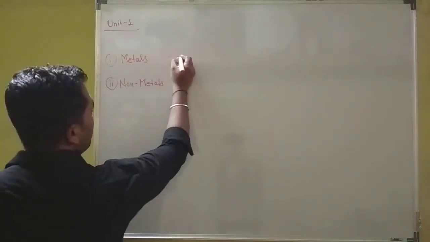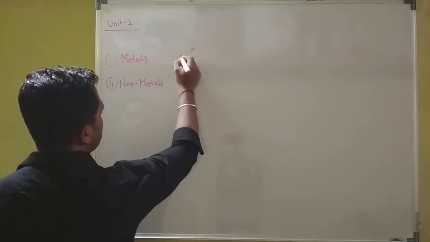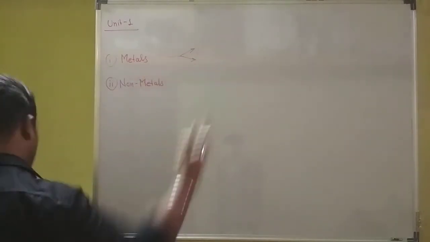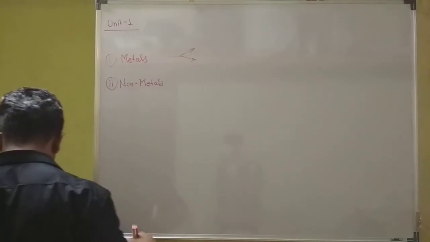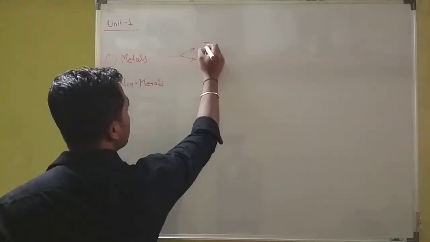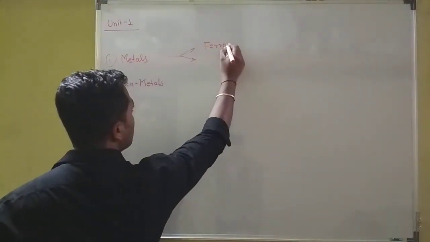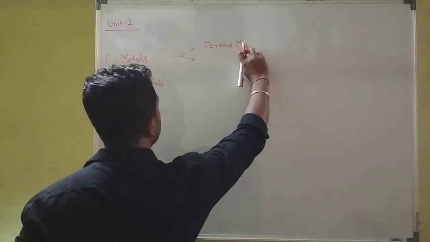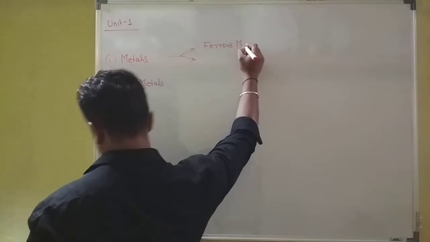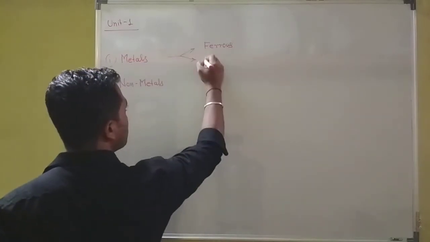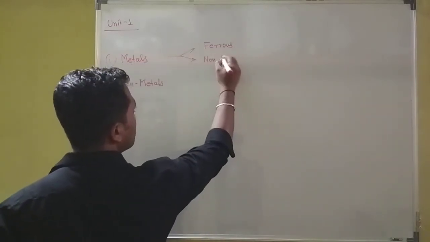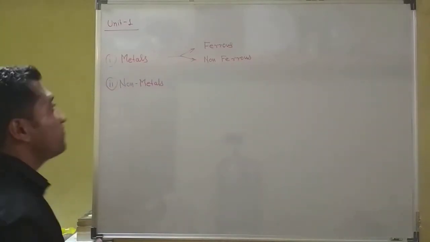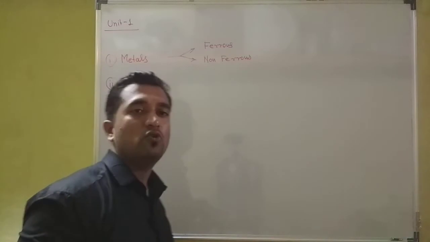And if we want to classify these metals, we basically classify them in two terms. First one is ferrous and second one is non-ferrous.